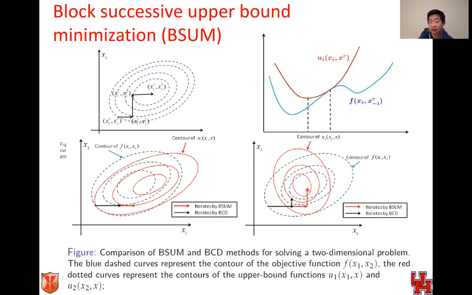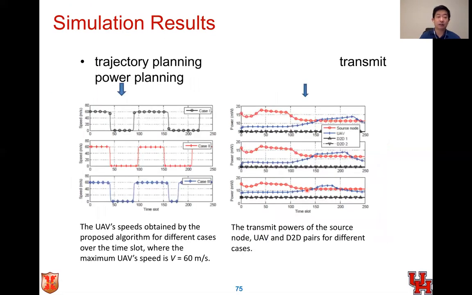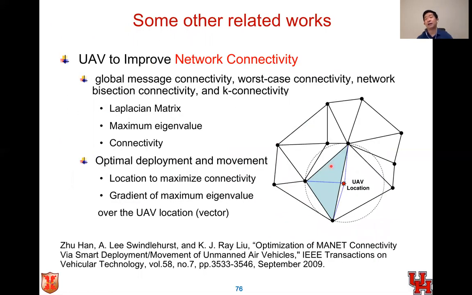And then it will go much faster to the destination. So this is a very, very fast algorithm. And here we have the simulation setup for the different tasks. Here we show that for the trajectory planning and the transmit power, we take turns alternately and it converges very quickly. Okay, so this is the first example.